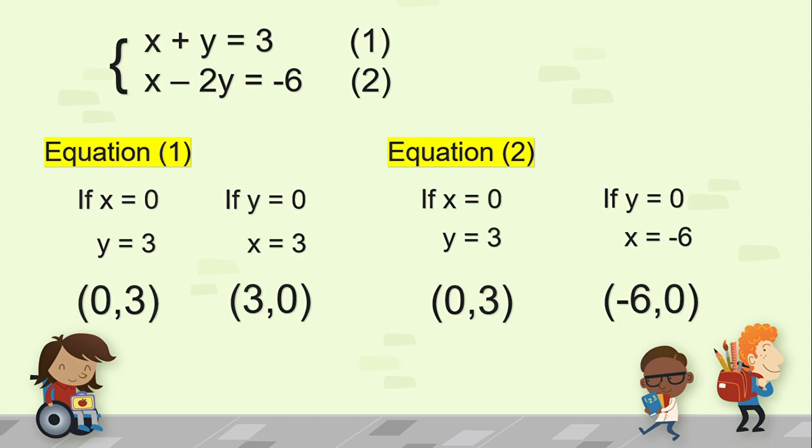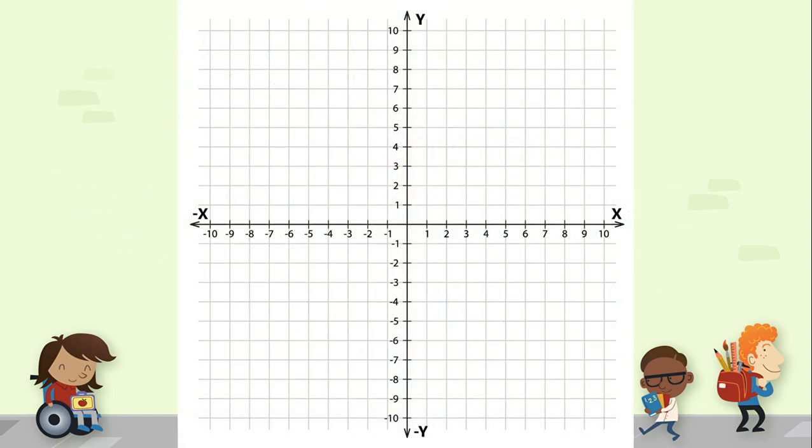Now, let's draw the lines using these pairs of intercepts. We have (3, 0) and (0, 3) for our first equation, which is x plus y is equal to 3. Next, let's plot the points of our second linear equation.